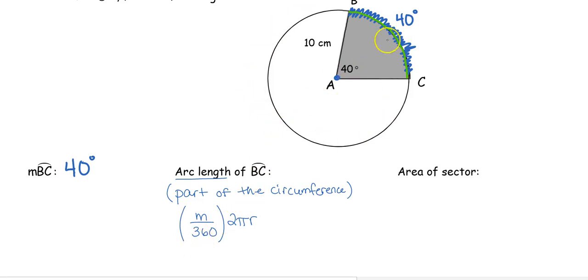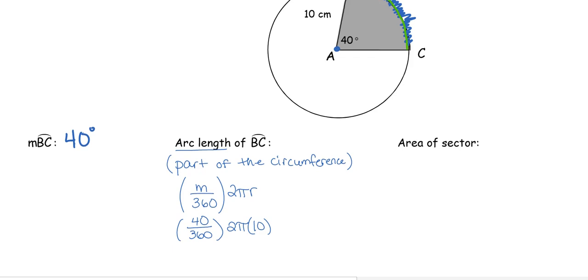Remember, the whole circle is 360. So we want 40 degrees of the entire circle, 360. That's how much of the circumference we need. So then we've got 2 times pi times our radius. In this case, the radius is 10. Again, we got that from the circle.